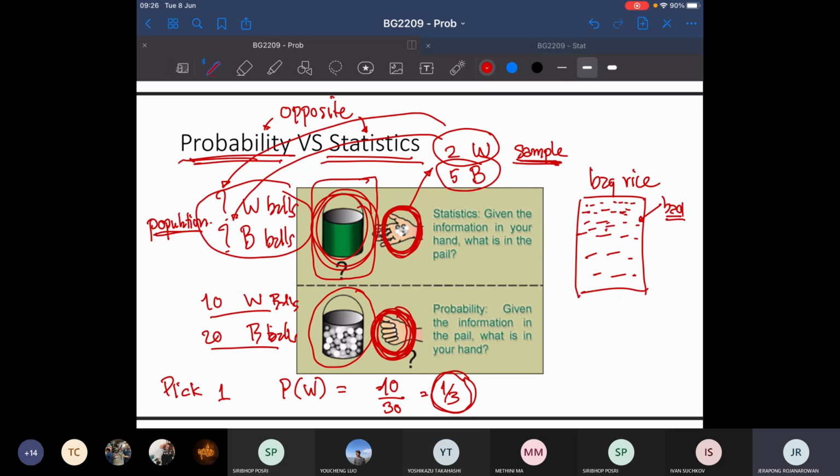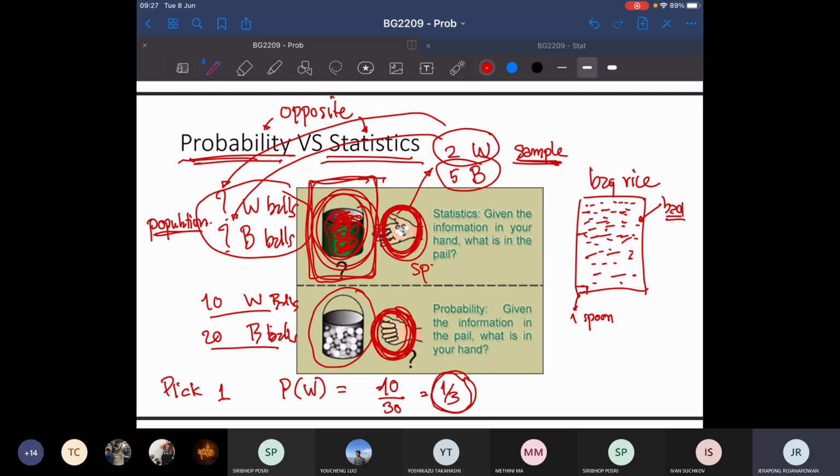Because there are too many rice grains. You count until you get old, it's still not finished, right? Just like we have the bin here. You don't know how many are in here because it's too many to count, right? So what we're gonna do? We take 1 spoon. You pick it here.